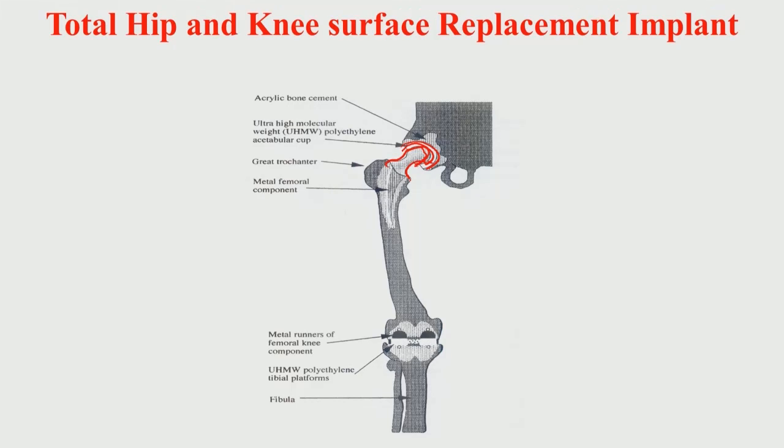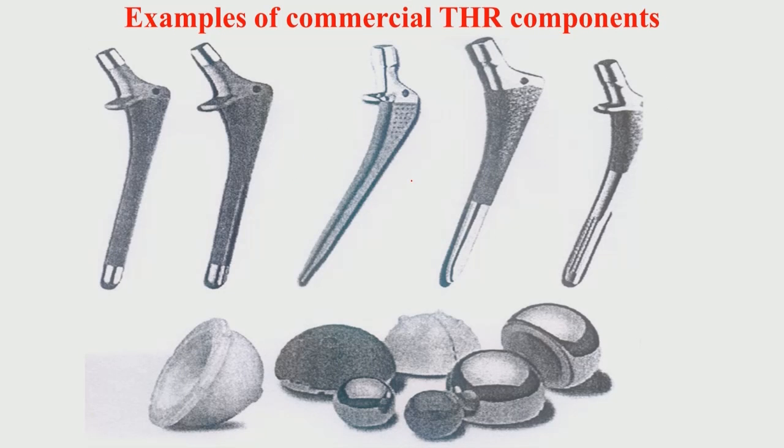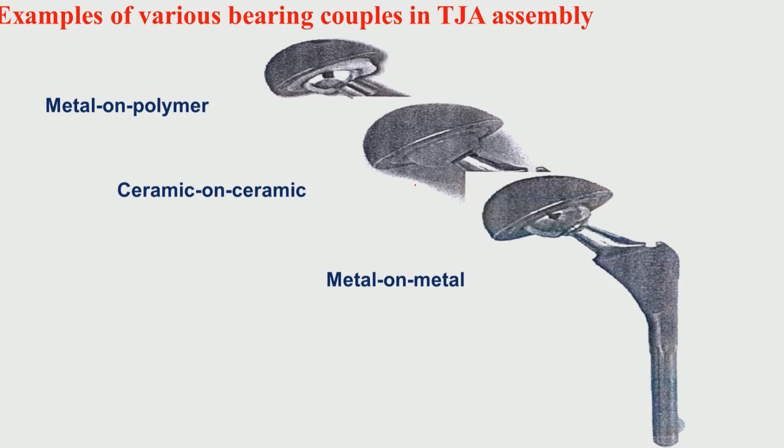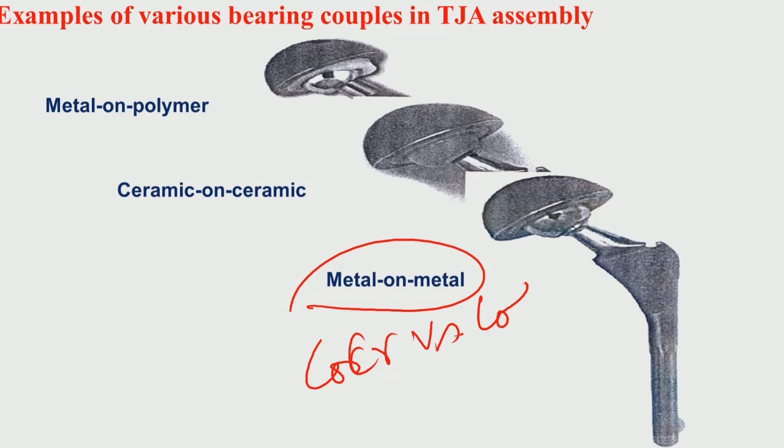So, you can have a metal combination like cobalt chrome versus cobalt chrome. You have ceramic on ceramic, but that often causes a lot of noise, for example ZTA, zirconia toughened alumina, versus ZTA.